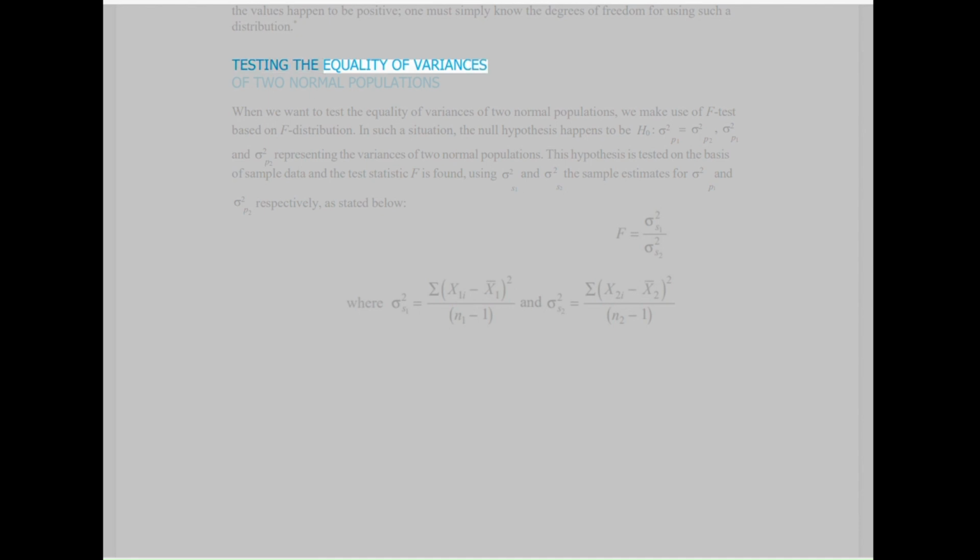Testing the equality of variances of two normal populations. When we want to test the equality of variances of two normal populations, we make use of F-test based on F-distribution. In such a situation, the null hypothesis happens to be H0: sigma1 squared equals sigma2 squared, representing the variances of two normal populations.